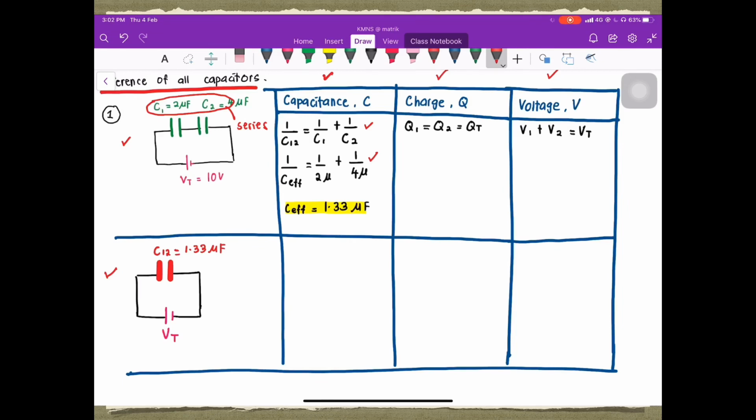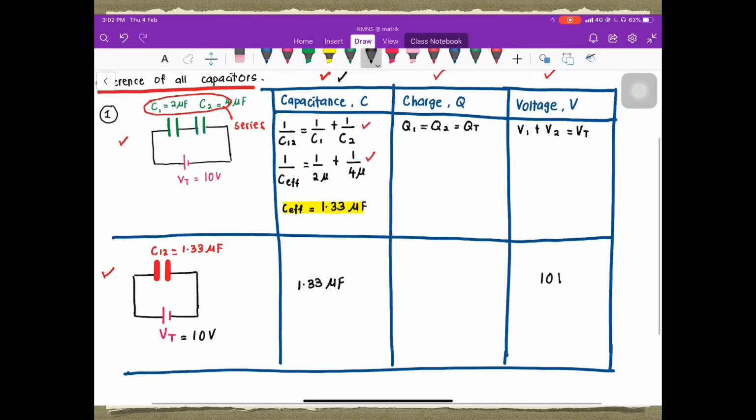The third step, after calculating the capacitance, is to write all the total values here. Let's say the total capacitance is 1.33 microfarad. The total voltage given is 10 volt, written in the voltage column. Can we determine the total charge here?